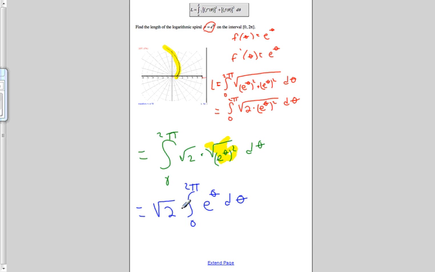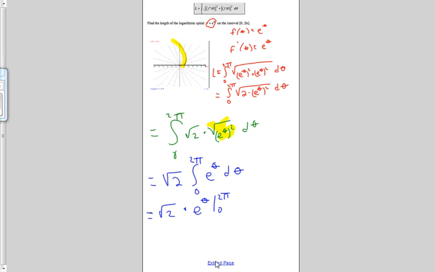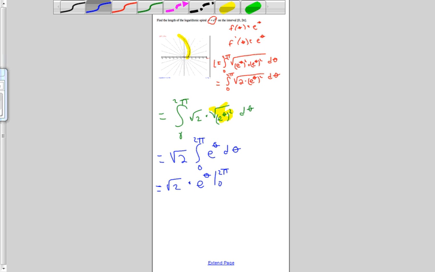Okay, well, love working with e to the x or e to the theta. The integral of e to the theta is just e to the theta, and we're going to evaluate it from 0 to 2 pi. Being careful to know that at 0, e to the 0 is not 0, rather it is 1.